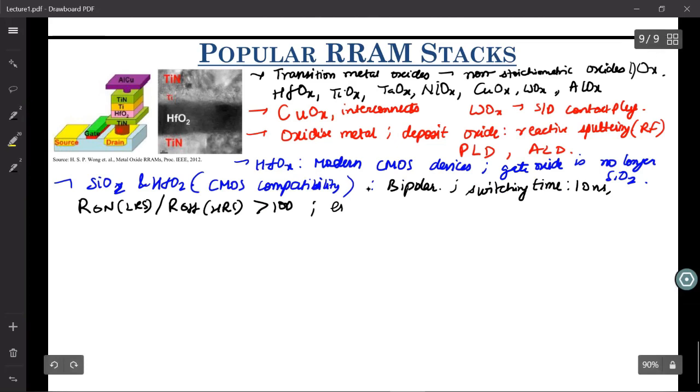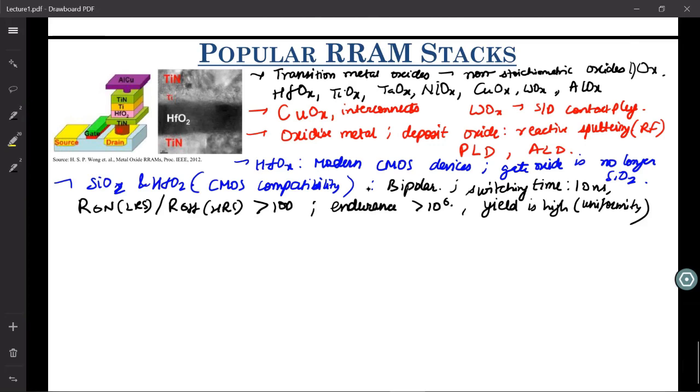Then people have also shown an endurance greater than 10^6. That is also good. It's higher than flash devices. And the yield is high, or uniformity is more. Uniformity is one of the major problems with our RRAM devices, and since HfOx gives you a high yield, this is one of the most popular kinds of RRAM.